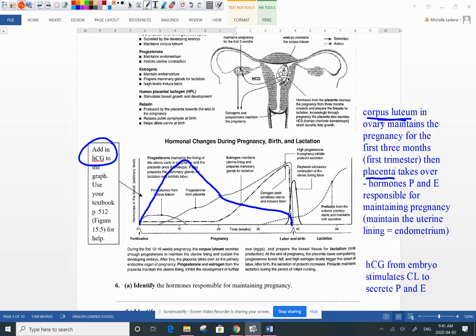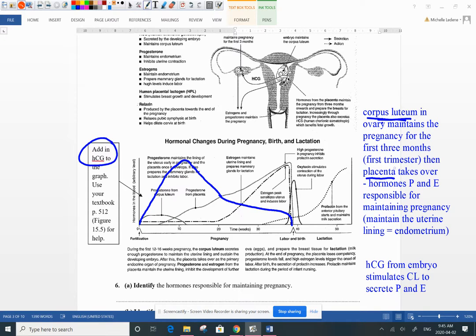So you'll typically see a question like, in the first trimester, if the mom somehow, maybe she has to have surgery, she's got cancer, she removes her ovaries. Well, unfortunately, in the first trimester, that means there's nothing to maintain the pregnancy.